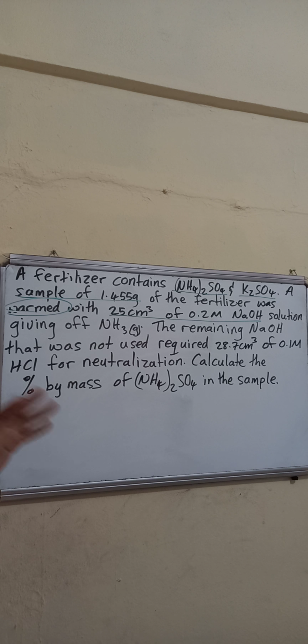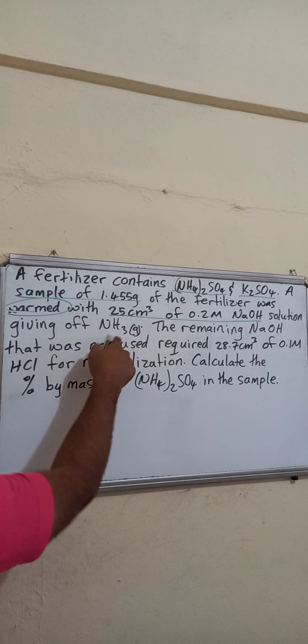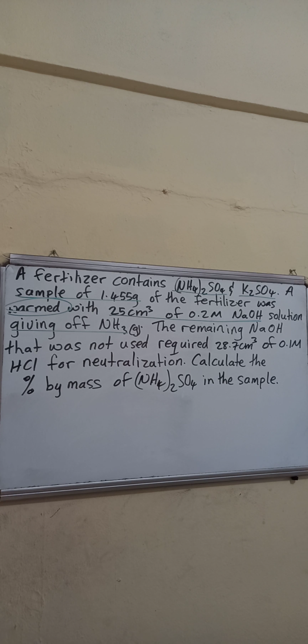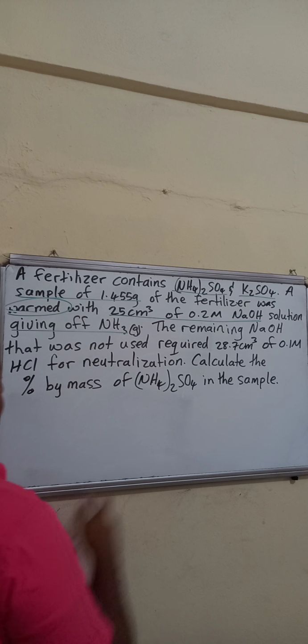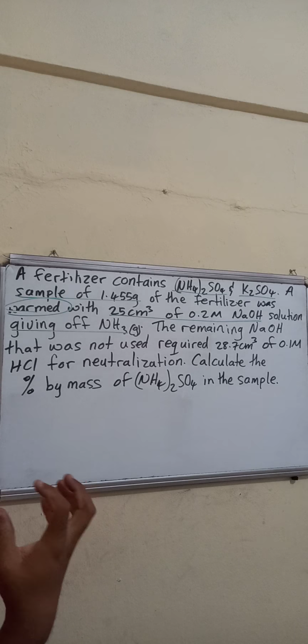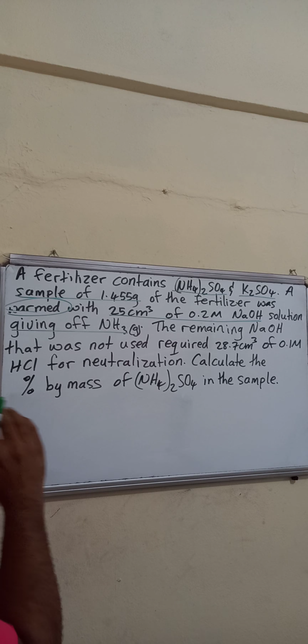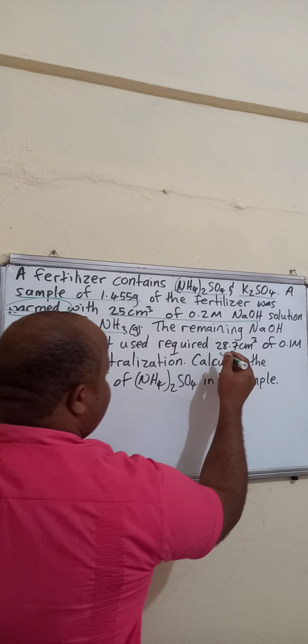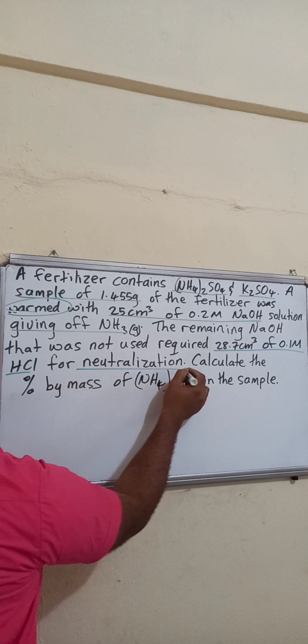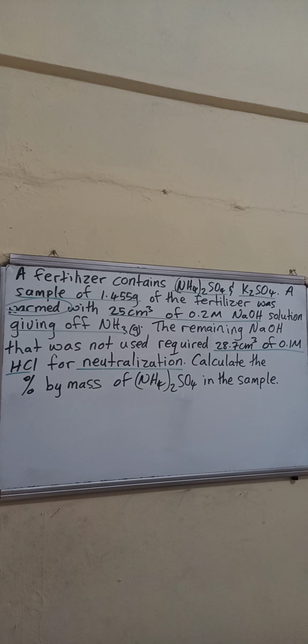So a sample of the fertilizer was warmed with sodium hydroxide solution, giving off ammonia. That tells you the reaction took place. So that portion is the reaction. The remaining sodium hydroxide, or the unreacted sodium hydroxide that was not used, required that volume of HCl for neutralization. Once you see the neutralization, that tells you it is the titration.